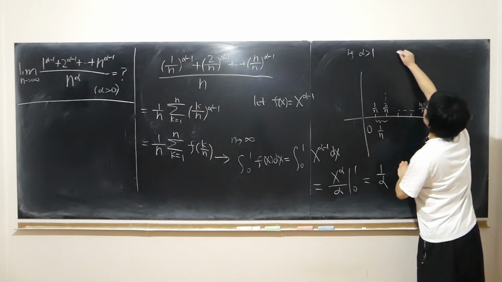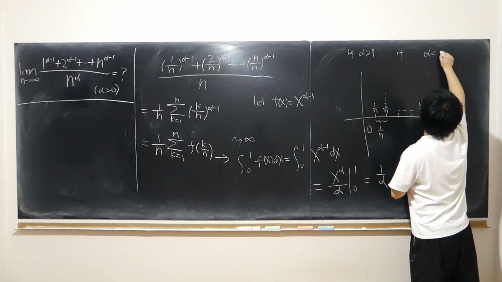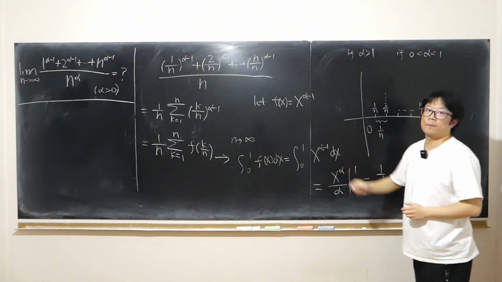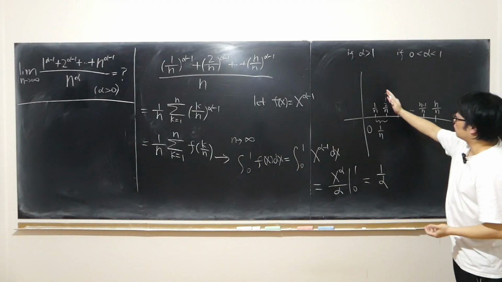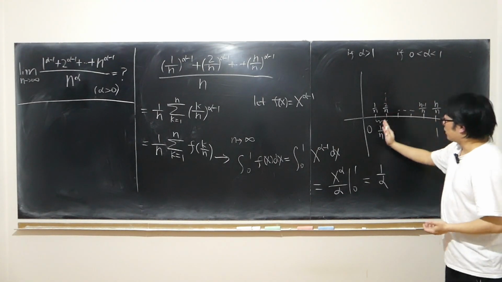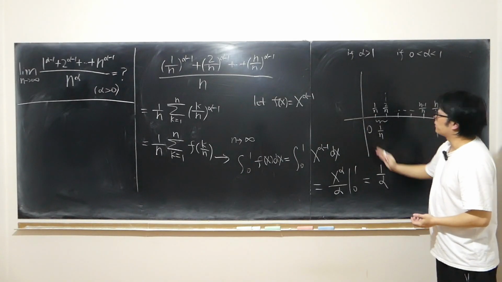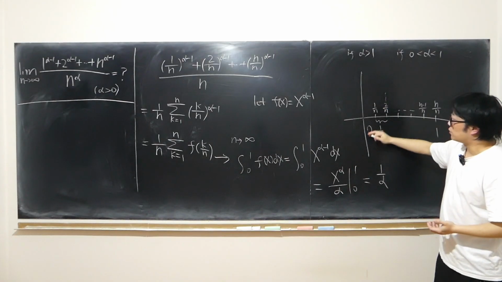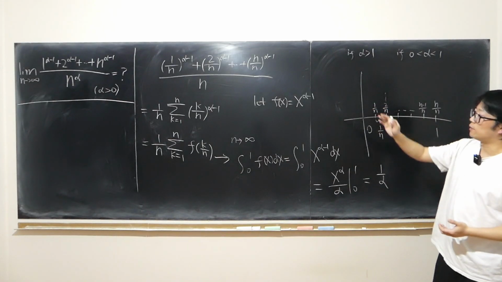But if alpha is smaller than 1 and greater than 0, then all of a sudden we have a negative power. Then that function will look like a decreasing function, which is unbounded in the neighborhood of 0. In that case, we may not be able to apply the definition of Riemann sum and work out the limit.